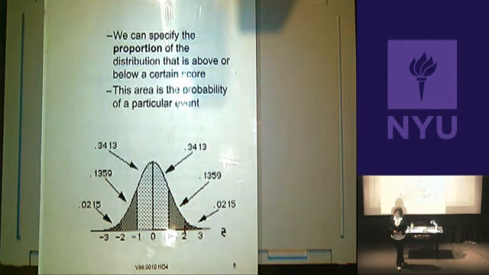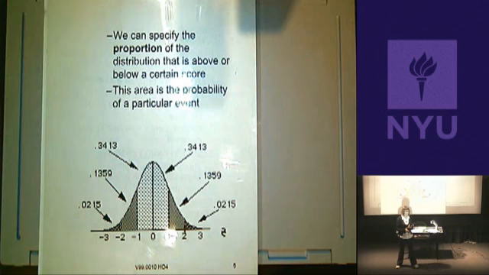So this is what we do in statistics, and it's going to be some variation on this theme the whole semester. We take our raw scores, no matter what they are, and we transform them, not always into z-scores. This is what we start out with, but it's the same basic idea. We transform our scores into a variable whose probabilities we can determine. Because it doesn't make sense for me to have a probability table for every single variable.